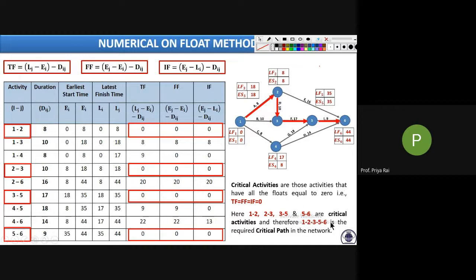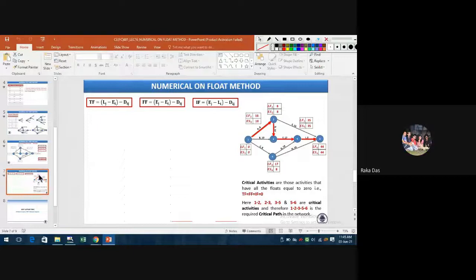Clear? Okay, ma'am. So like this you can solve this type of example. Total float, free float, and independent float must be calculated, and before doing that we must calculate the E and L values. Hope this is clear, everyone. Yes, ma'am.